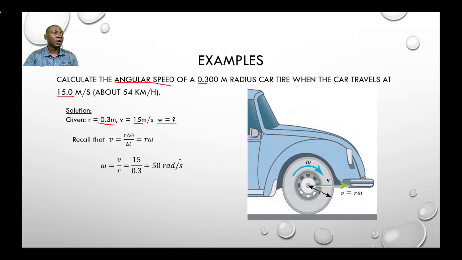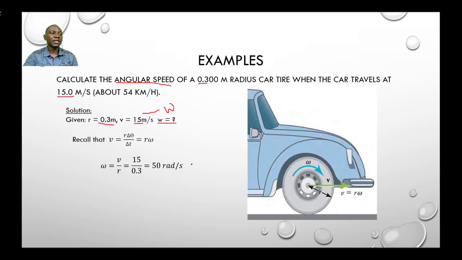Now, in order to calculate the angular speed, remember that I told you that when you are calculating the angular equivalent and you are given the linear equivalent of that equation, all you need to do is divide it by the radius. Now you are given speed, which is the linear equivalent of angular speed.